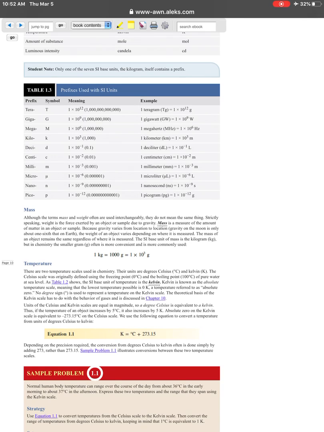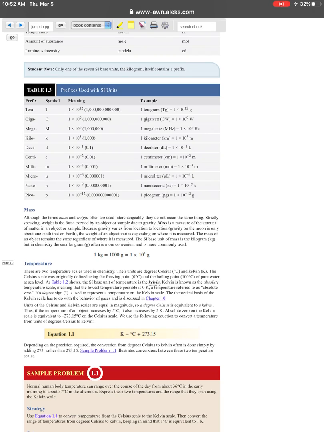Now we get to some prefixes that are less than 1. These are used to represent small numbers. And some of these are more common than others, but for the most part we'll use most of these. Deci is a lowercase d, and that's 0.1, a tenth, if you want to use that terminology.